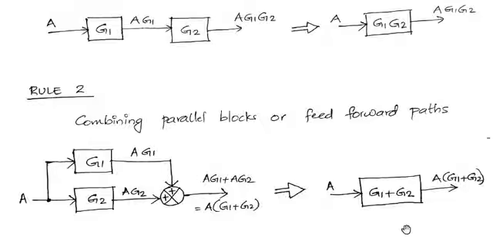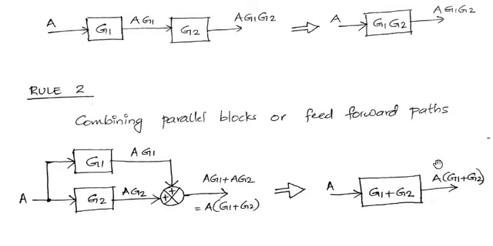So instead of these two blocks, I am just drawing a single block over here. To that single block, our input should be A itself and the output should be A into G1 plus G2. From signal A, how do we get this A into G1 plus G2? We will get A into G1 plus G2 if the signal A passes through a block having gain G1 plus G2.